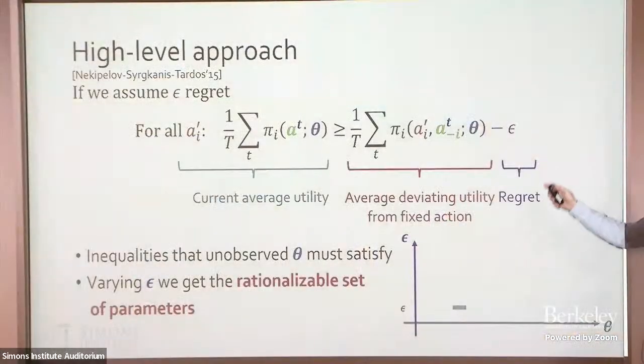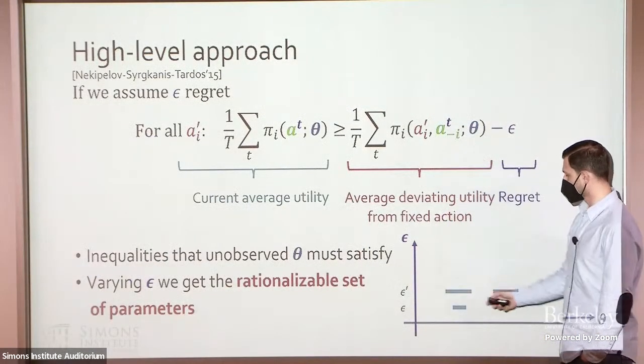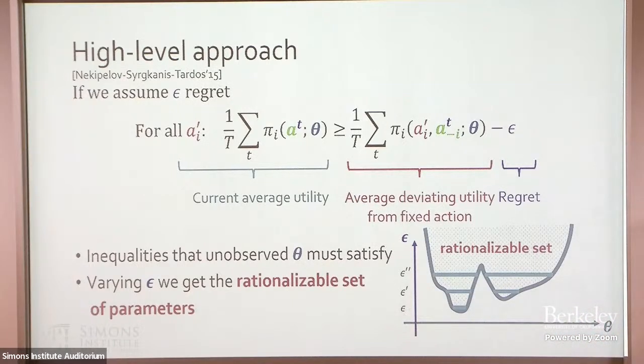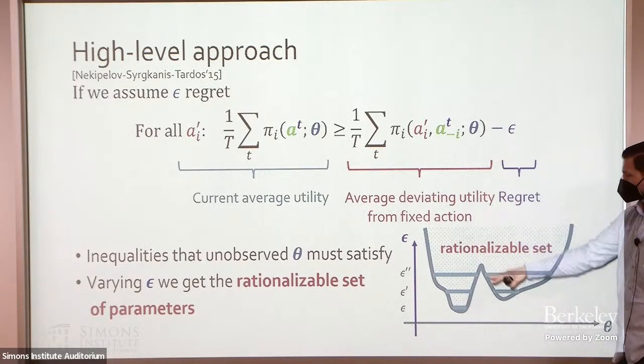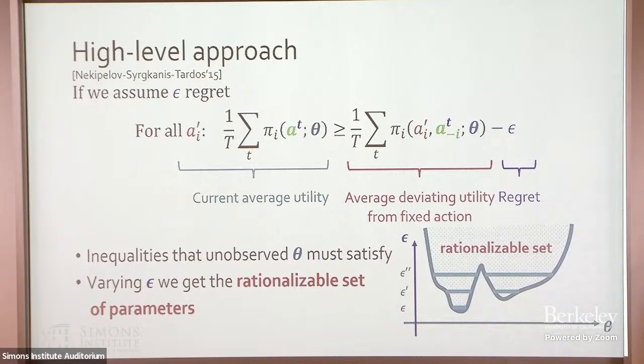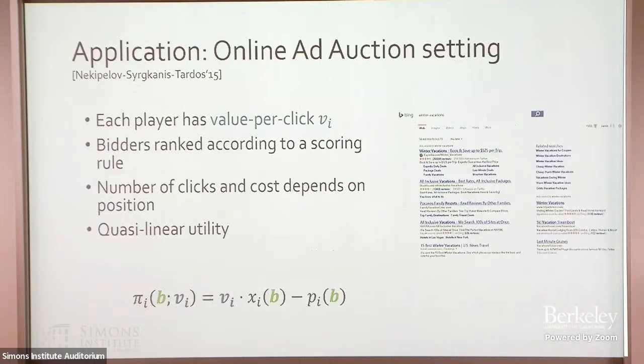So for different values of epsilon, these constraints are going to be giving us different sets of parameters that are rationalizable. What these constraints are giving us is a set that is the identified set, and then from samples, you can try to estimate that identified set.